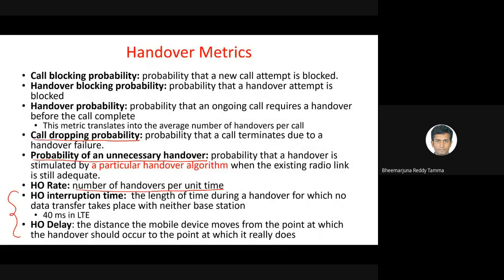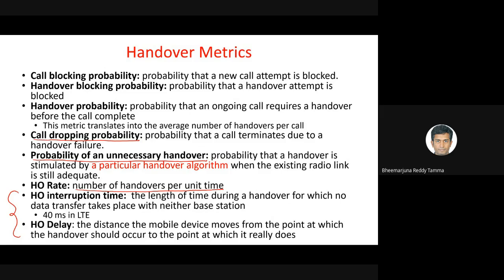Handover interruption time: how long it is going to take for you to complete the handover, because during the interruption time, the user is unable to transmit data to either of the base stations. In the previous example, with source and target base station, you are neither able to transfer to the current base station nor to the new base station that you wanted to attach with.